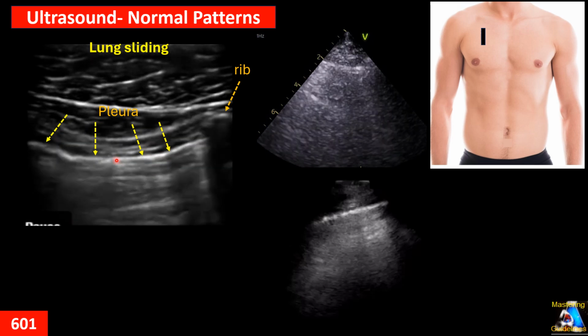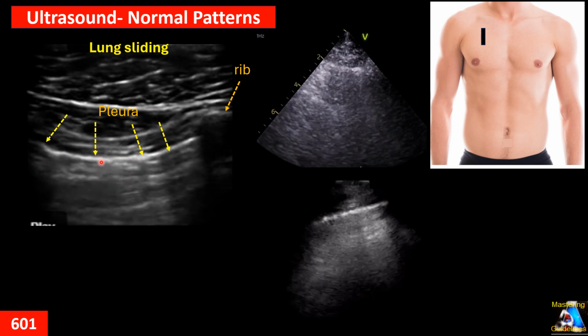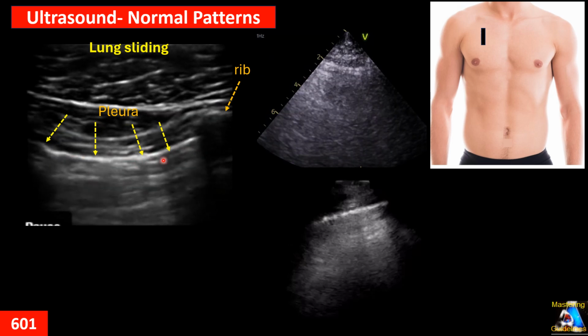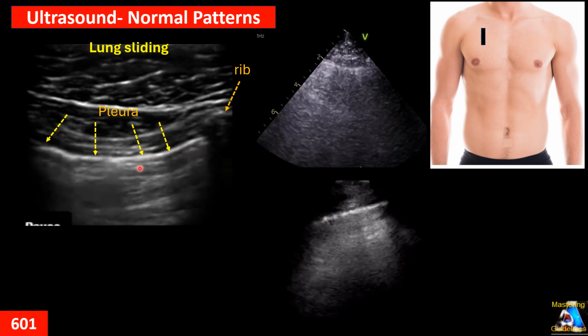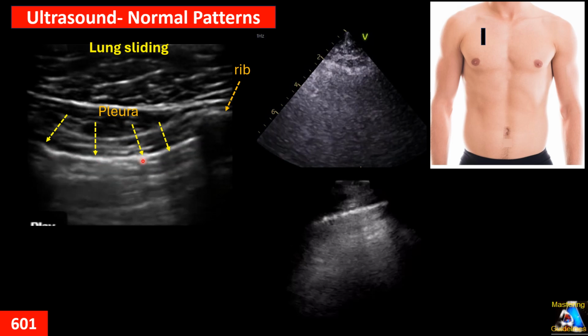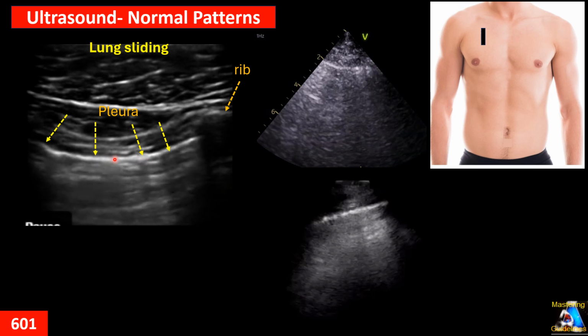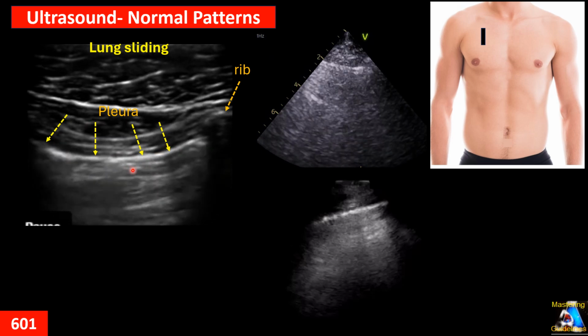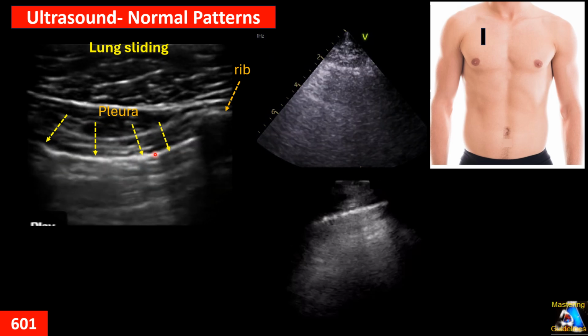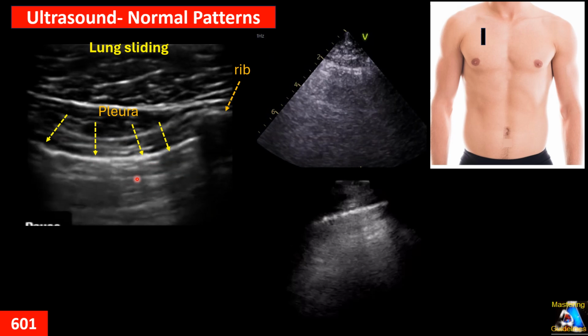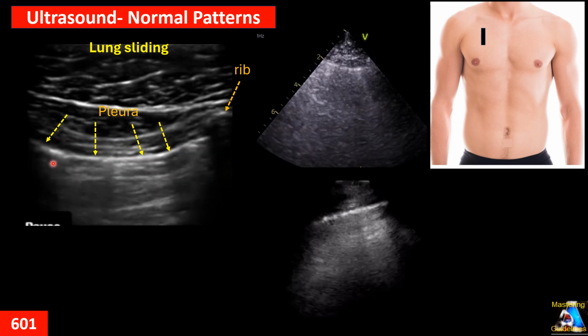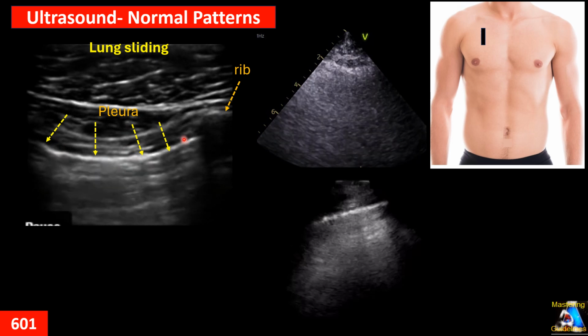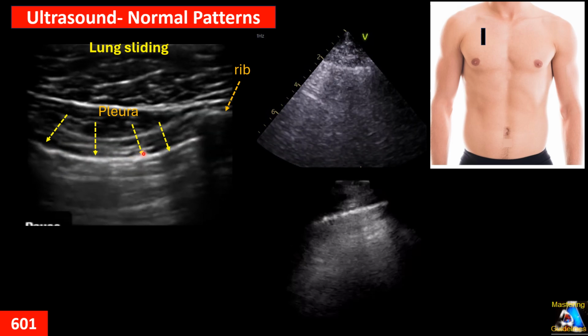The most important feature we can see is the sliding of the pleura, which we call lung sliding or sliding sign. This is a very important finding, and it's due to the moving of the visceral pleura over the parietal pleura.